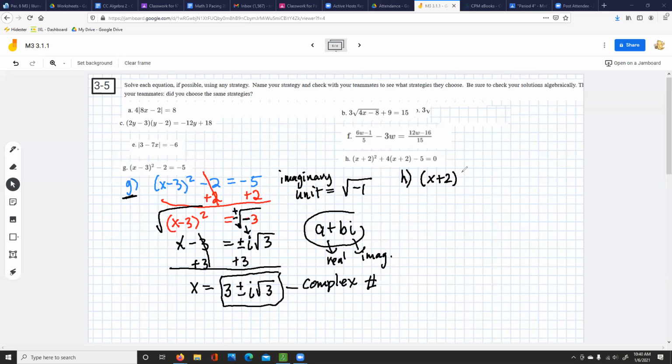So x plus 2 squared plus 4 times x plus 2 minus 5 equals 0. I'll give you a second to copy that down. Now, can we look inside, rewrite, undo?